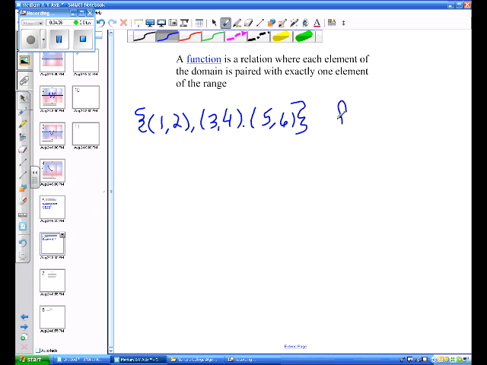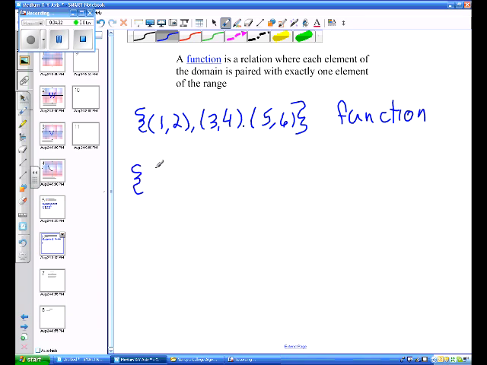This would be a function because each element of the domain, 1, 3, and 5, is paired with exactly one element of the range. So this would be an example of a function.